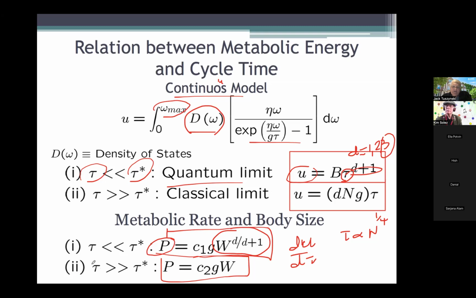If the characteristic cycle time of this process is much greater than this critical value, then it's linear. But otherwise, you have weight to the power d over d plus 1. Interesting, right? When d equals 1, the exponent is 1 divided by 1 plus 1, which is 1/2. When d equals 2, then you have 2 divided by 2 plus 1, which is 2/3.